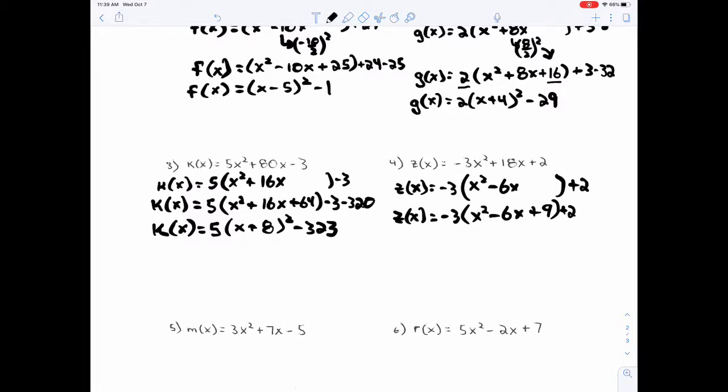I subtracted 27. So what do I have to do? I have to add 27 to keep everything the same. And now it's just same old, same old. So it's negative 3 times x minus 3 quantity squared plus 29.